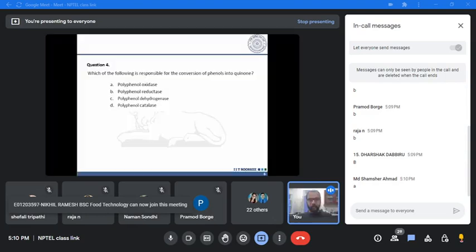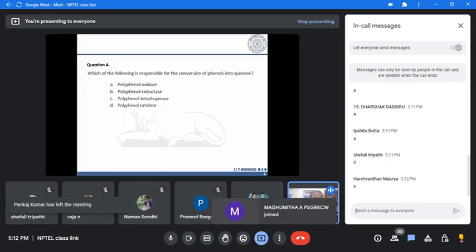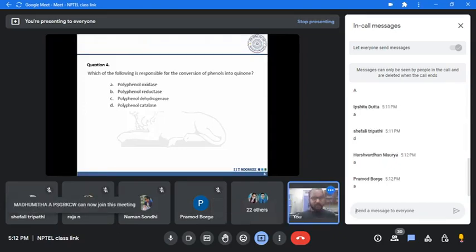You can answer in the chat box. Sefali Tripathi is saying D, Harshvardhan Maurya A, Pramod Borge A. Okay, good.